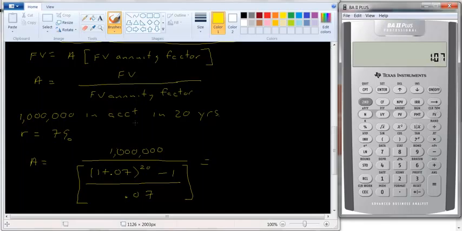1.07 raised to the 20th power minus 1 divided by 0.07. Okay, so that's our factor. And I want to flip that over and I want to multiply it by 1 million.